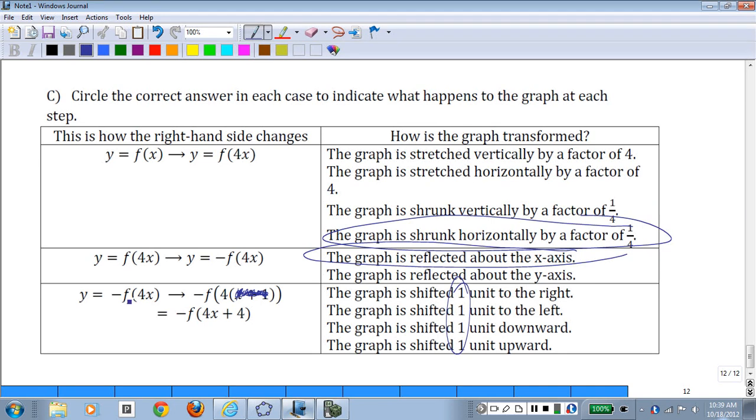So here's the thing. We've got y equals negative f of 4x. If we pick up the x and replace it by a soon-to-be not-so-empty set of parentheses, the question is, what expression should go inside those parentheses so that when we distribute the 4 across and clear it, we get 4x plus 4? What goes inside the parentheses? X plus 1.